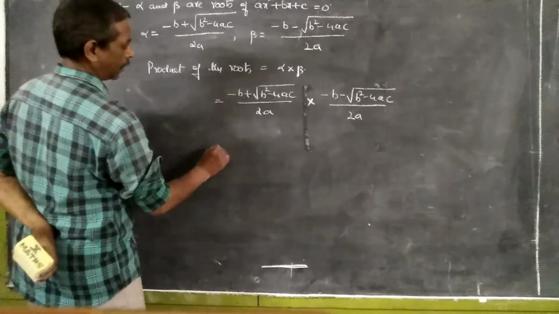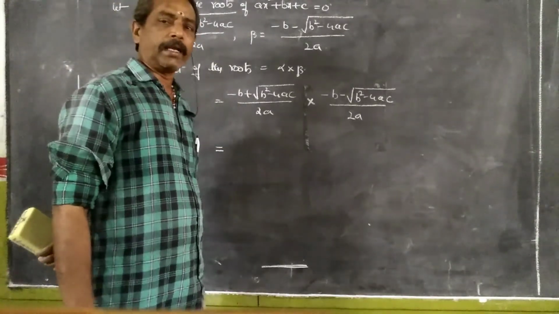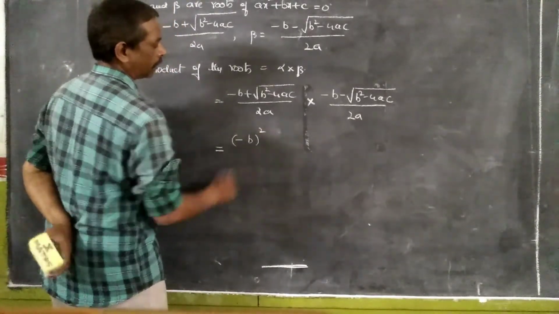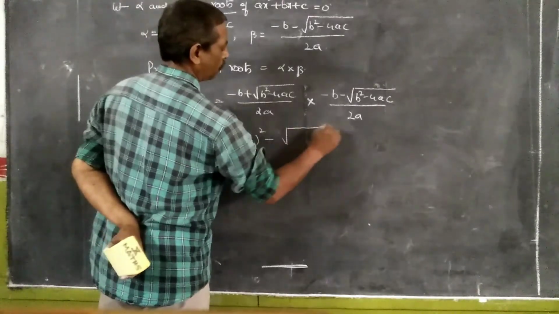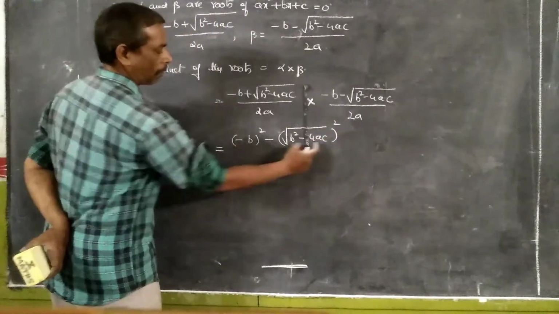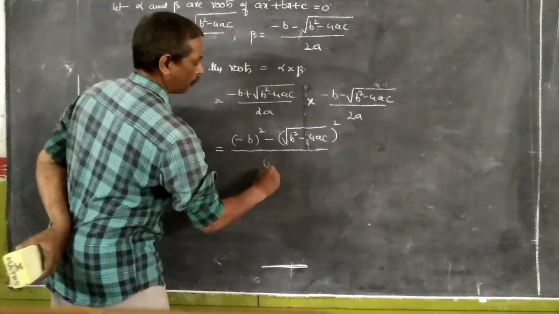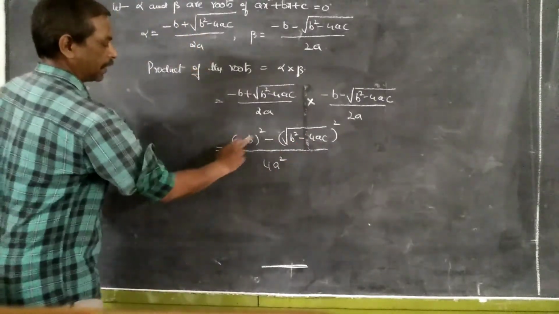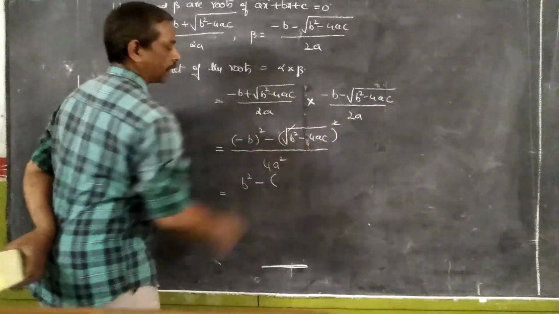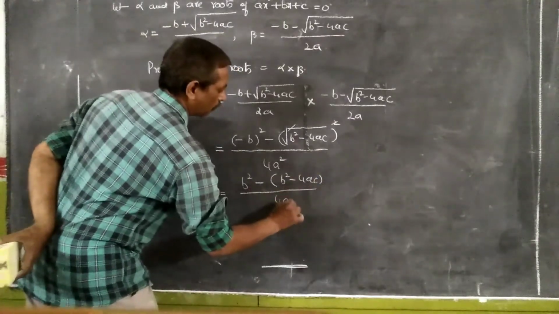So the numerator we can write: what is (a + b) into (a − b)? a² − b². That means (−b)² − (√(b² − 4ac))², over 2a into 2a, 4a². (−b)² is b², and the square and square root cancel: b² − (b² − 4ac) by 4a².